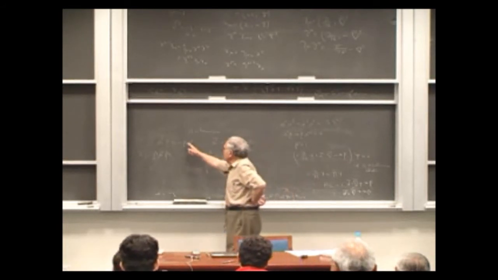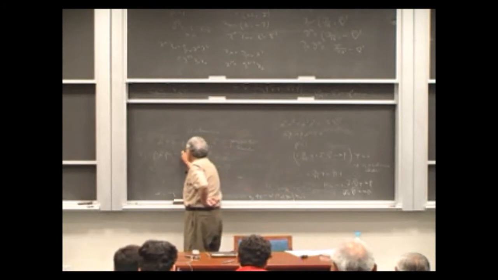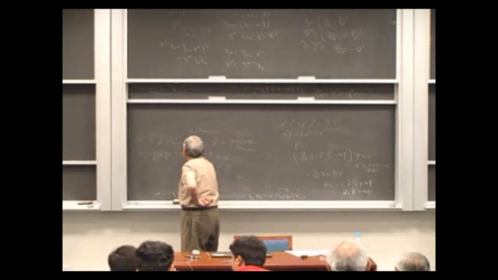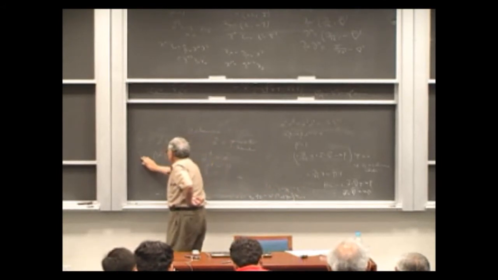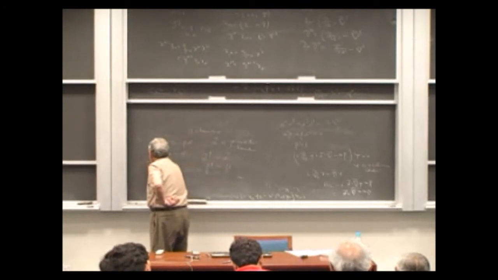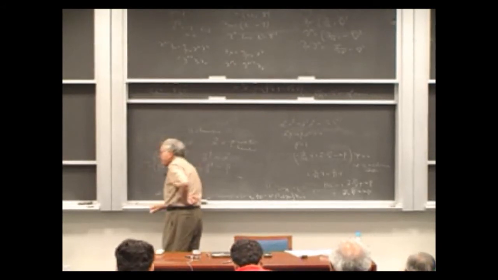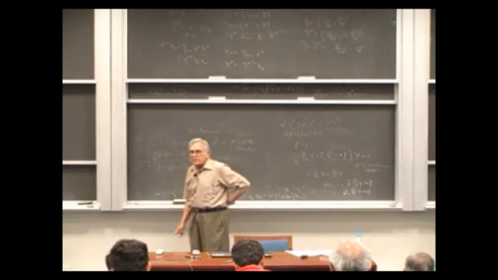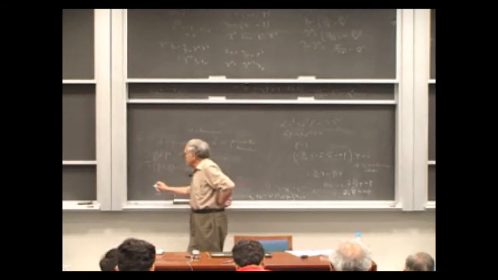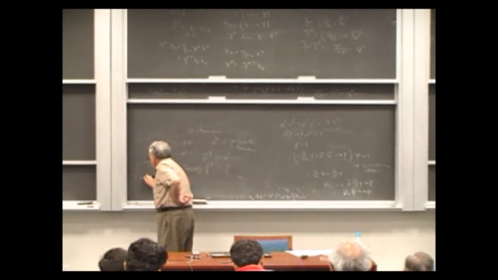So this becomes beta square, so we have beta square alpha. Now let me take the trace of this. Okay, now the trace, you can always use trace AB is trace BA.